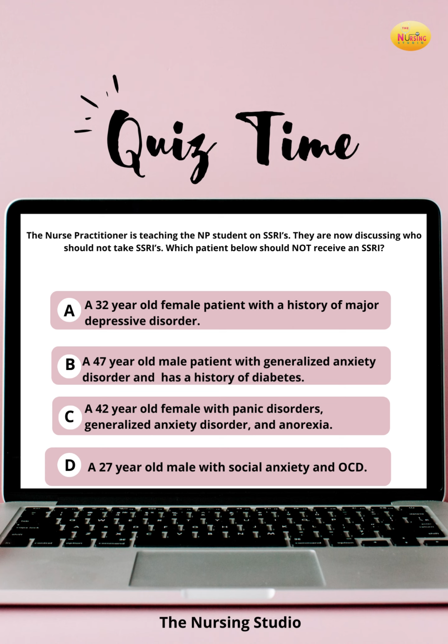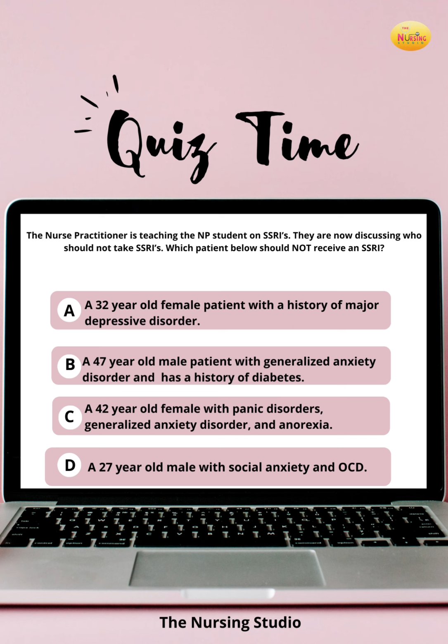C, a 42-year-old female with panic disorders, generalized anxiety disorder, and anorexia. SSRIs are utilized for panic disorders and generalized anxiety disorders, first line therapy as well, right? But you should pick answer C because of the anorexia.